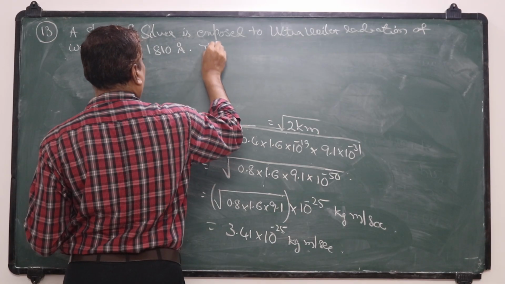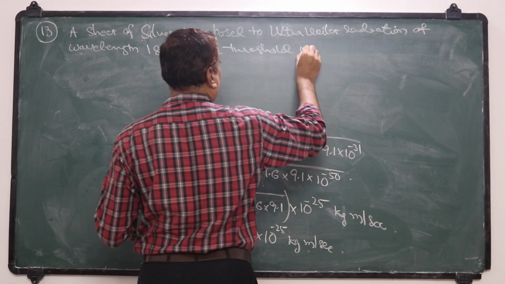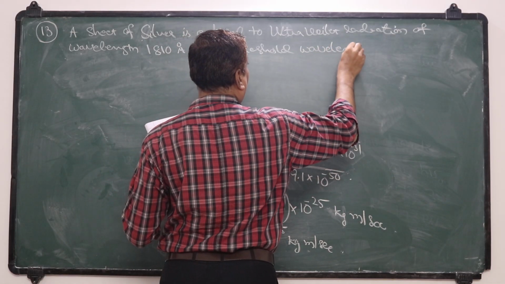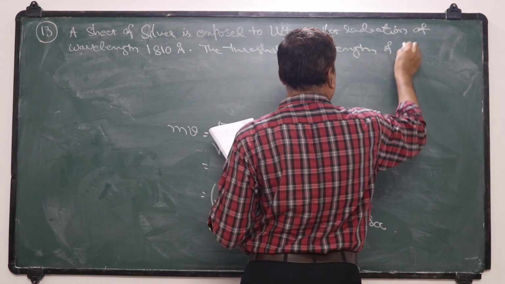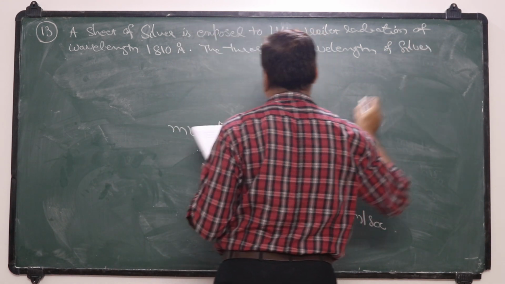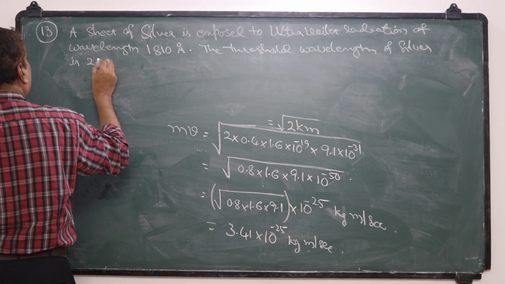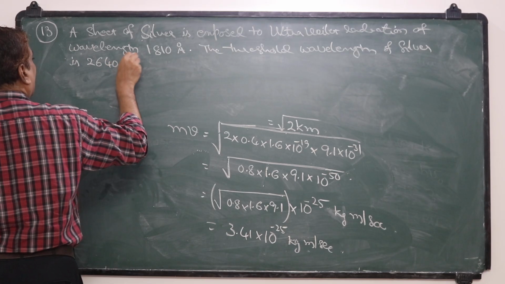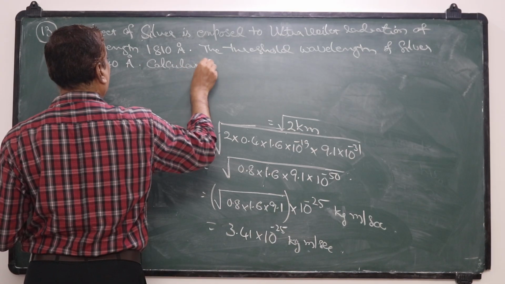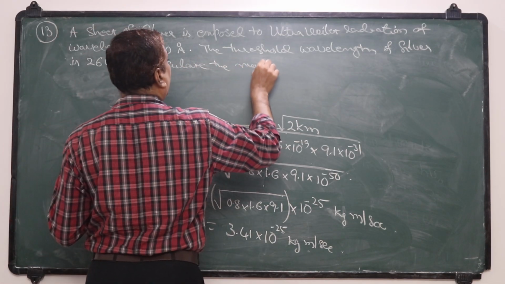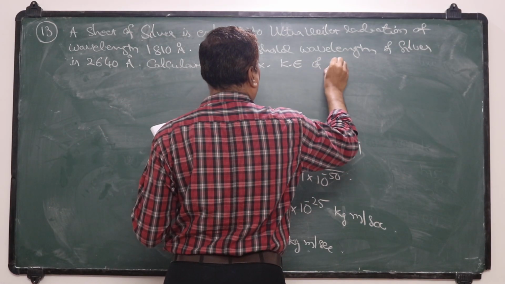The threshold wavelength of silver is 2640 Armstrong. Calculate the maximum kinetic energy of the emitted electron.